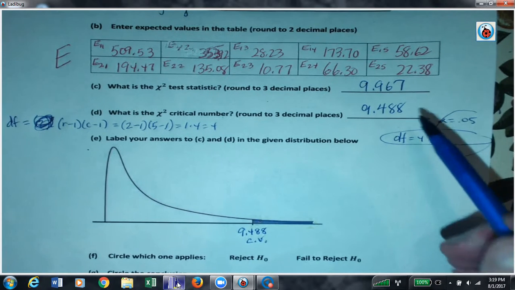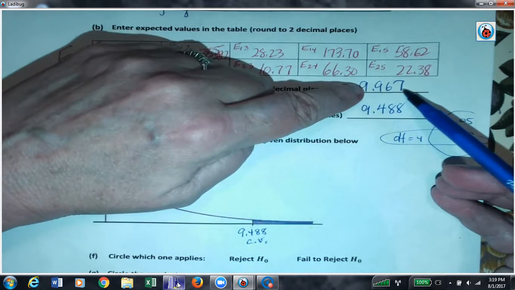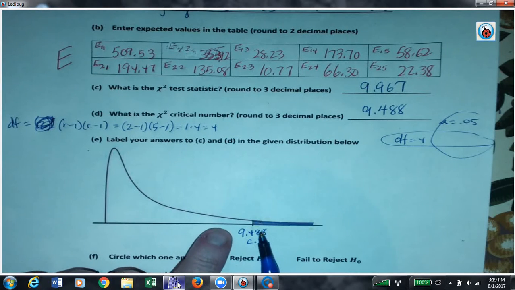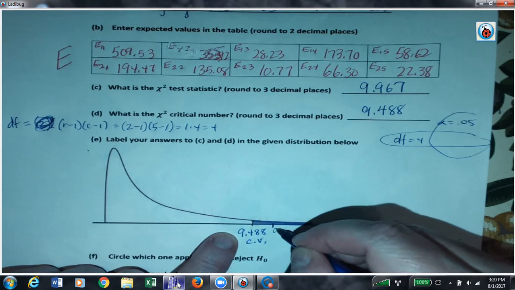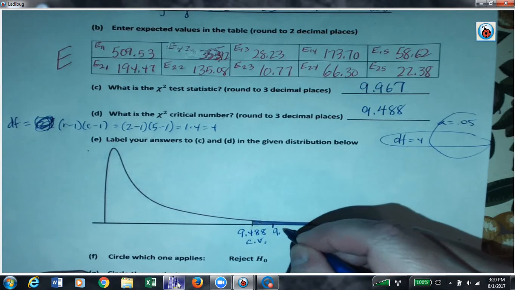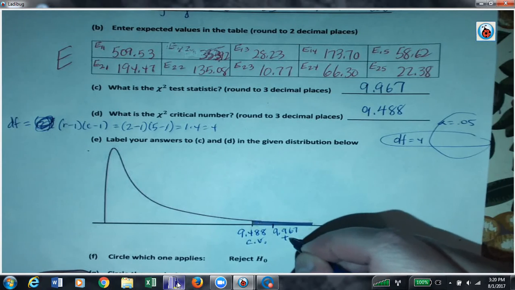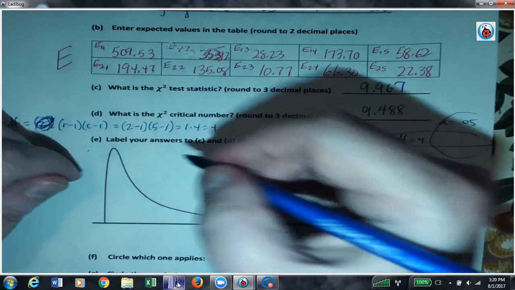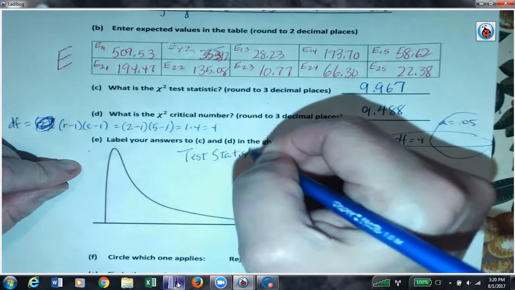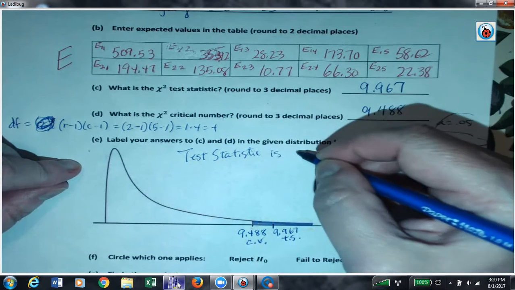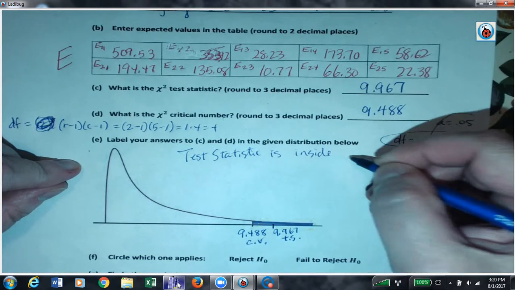Now, what is my test statistic? It's 9.967. Where is 9.967 on this line? It's bigger than 9.488, so it's going to be to the right. That is my test statistic. What has happened? The test statistic is inside the rejection zone.